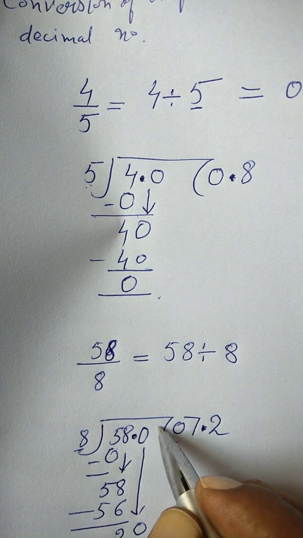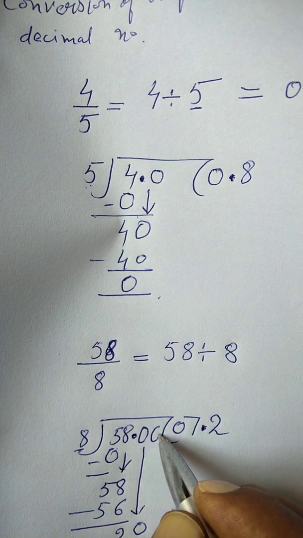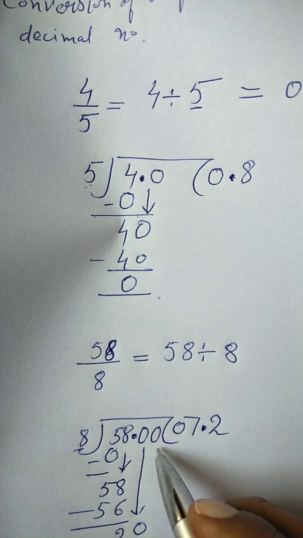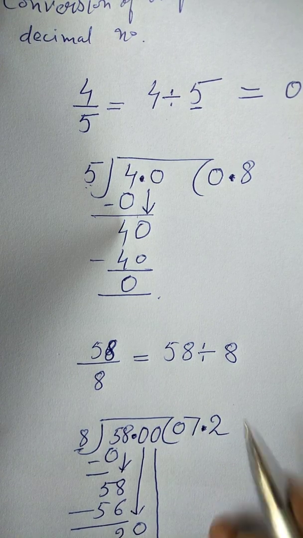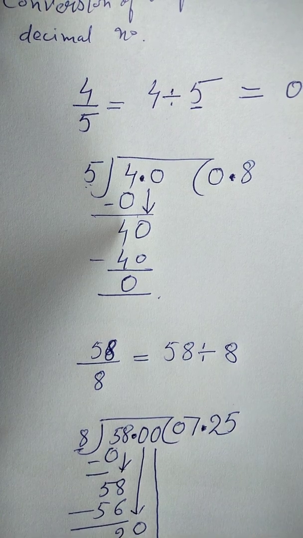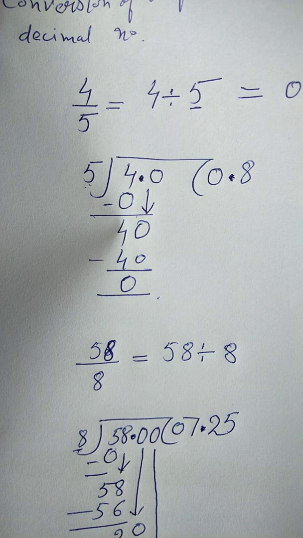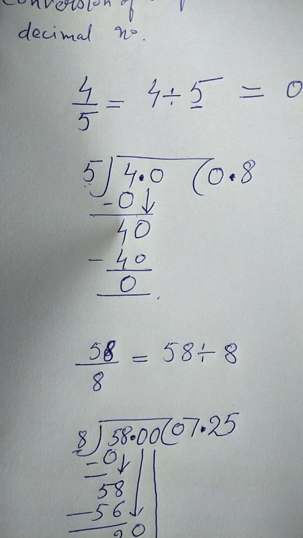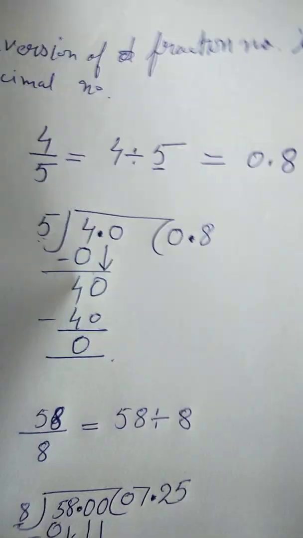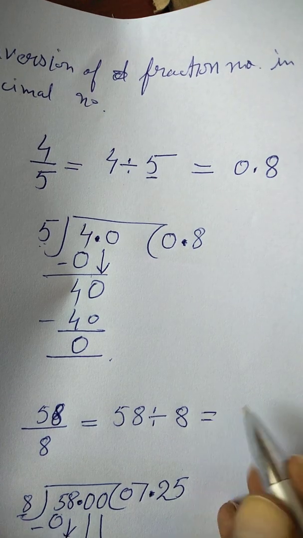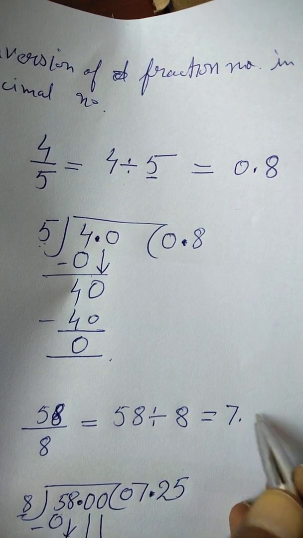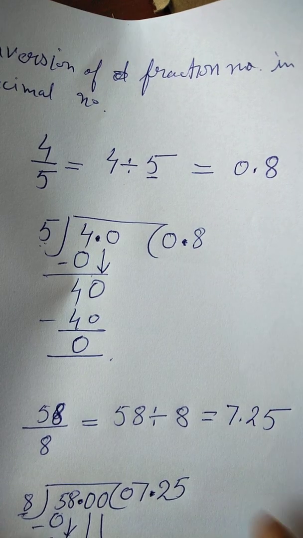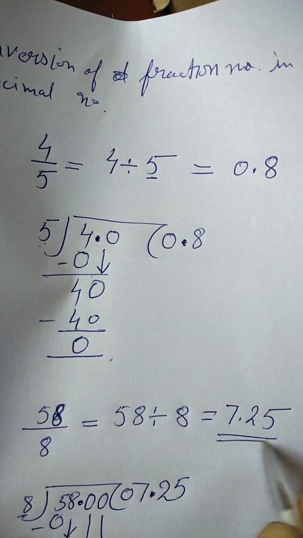So you will continue to add 0 in the dividend and down it now. So 8 fives are 40. So when you convert this fraction into decimal, the decimal number will be 7.25. That is your answer.